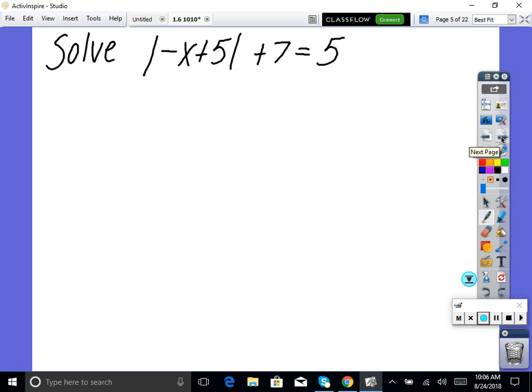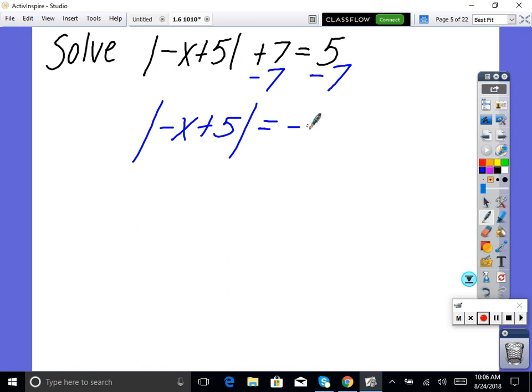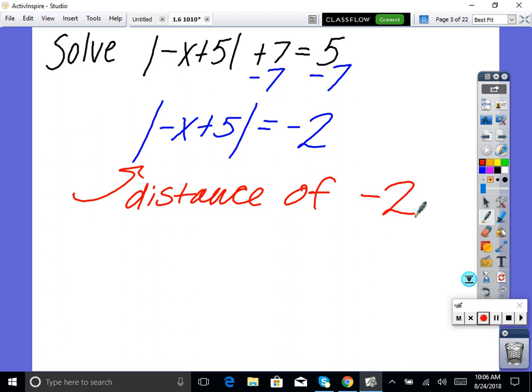Okay, so looking at this one will trick people. First, isolate the absolute value. So you'd subtract 7. You have the absolute value of negative x plus 5 equals negative 2. Now here's the thing. You have to remember what technically absolute value means. We have a distance of, looks like negative 2.